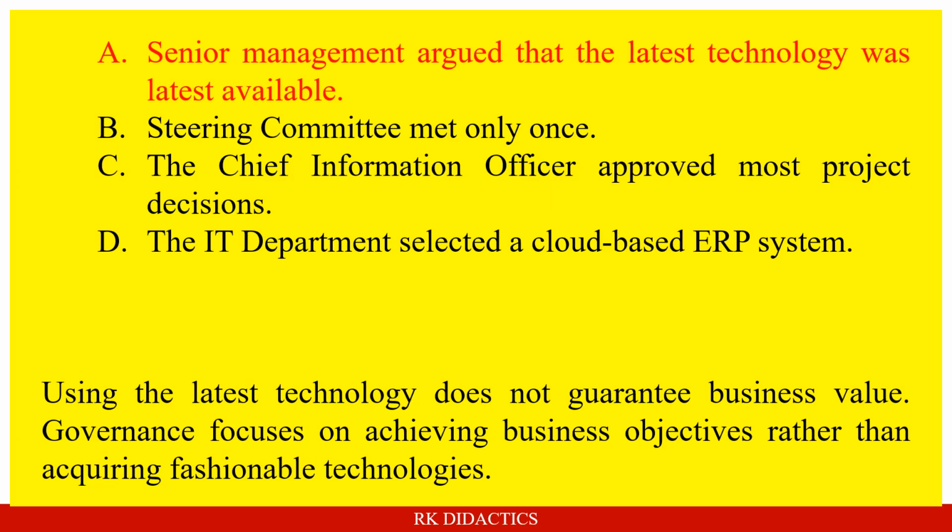If any latest technology is not promoting the business objective, टेक्नोलॉजी का कुछ भी मायने नहीं रखता है, देयर इज नो मीनिंग. सो द टेक्नोलॉजी शुड बी सपोर्टेड properly to achieve the business objective. As the senior management told that they have acquired latest technology, उसका मतलब है कि they have no clear idea about IT system and its management.